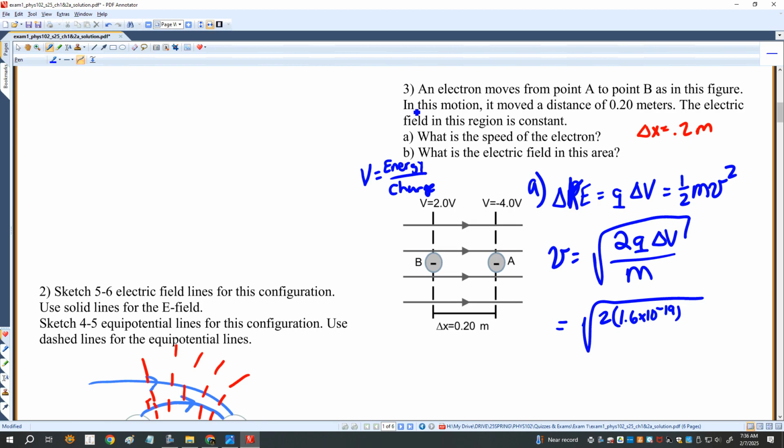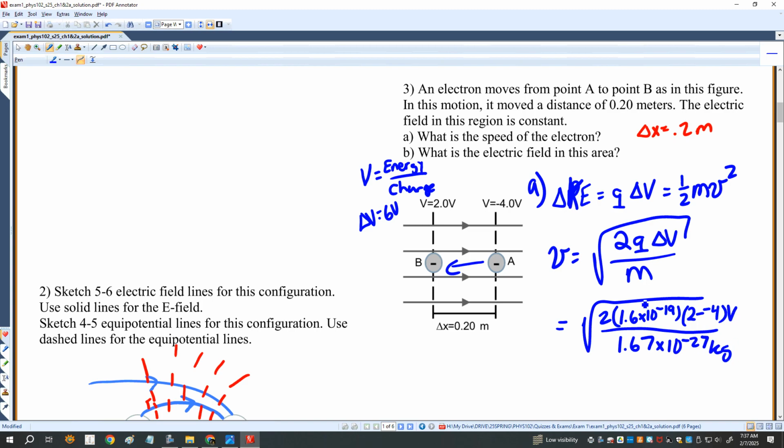Here I'm going from point A to point B. That's 2 minus -4, so 6 volts. I have a change in potential of 6 volts as I'm moving in this direction. Then divided by the mass of an electron, 1.67 times 10 to the minus 27 kilograms.